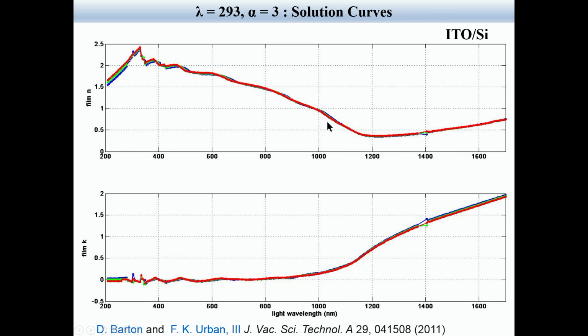Of course, the thickness is not a function of wavelength, so once you have the thickness, you can then uniquely determine at each wavelength a value of n and k. And then here are the plots of n and k. Up above is n, down below is k, and it looks interesting. This indicates an area where data was not collected.